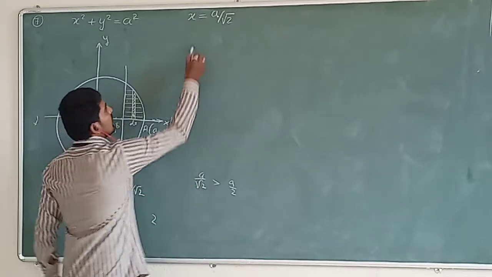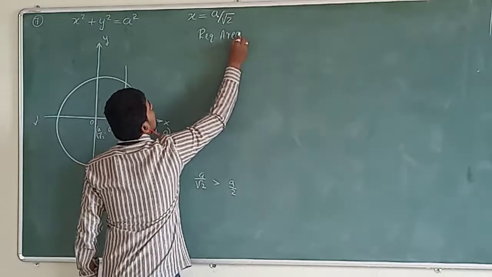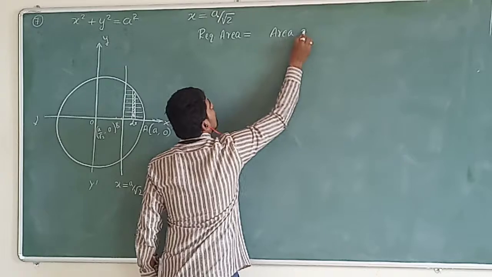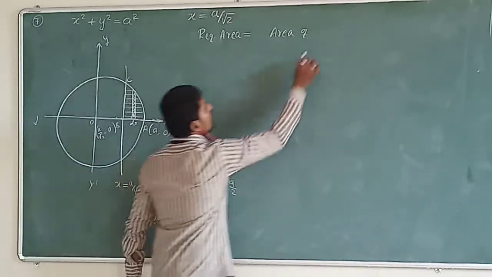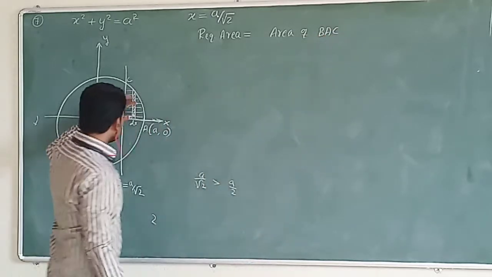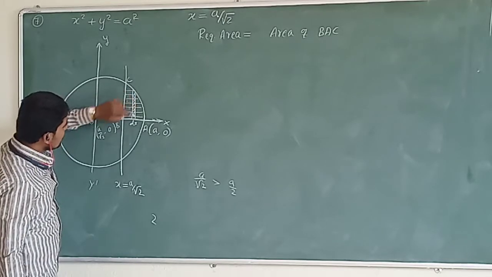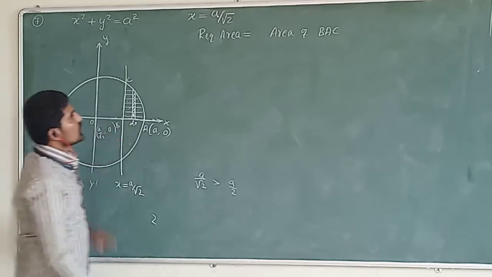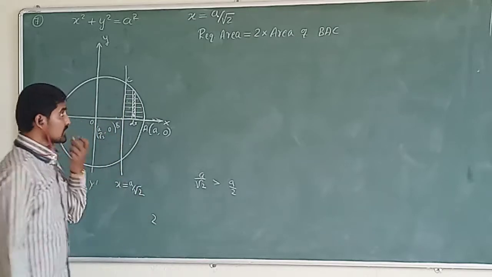So the required area is the area of BAC. But this area is present inside the first quadrant. However much area is present in the first quadrant, that much area is also present in the fourth quadrant. That's why we need to multiply this area by 2. I hope all of you understand.